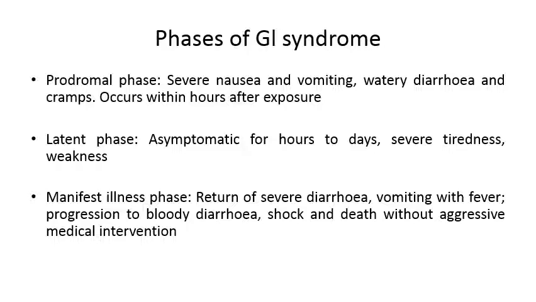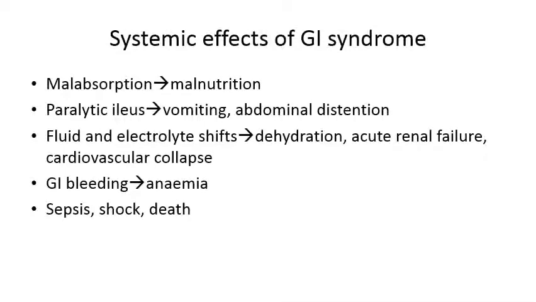During the latent phase, the patient is asymptomatic for hours to days, but markedly tired and weak. Finally, in the manifest illness phase, the severe diarrhea returns, with vomiting and fever, progressing to bloody diarrhea, shock, and death. The simultaneous invasion of a host of potentially pathological bacteria into the bloodstream quickly overwhelms the victim's ability to fight such infections.